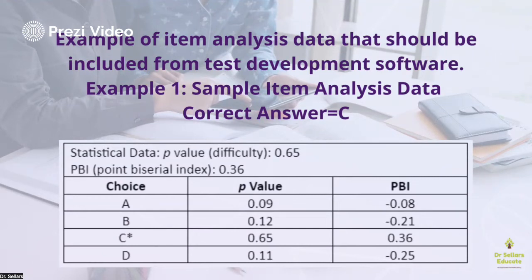Remember we talked about the range. 0.65 is going to indicate that it was a fairly difficult question. You want to consider that as you look at the number of students that were successful on this exam, which equates to 65%. That means that 65% of the students answered this question correctly.